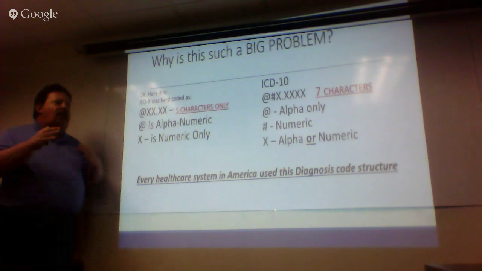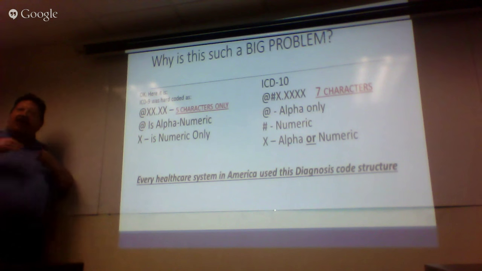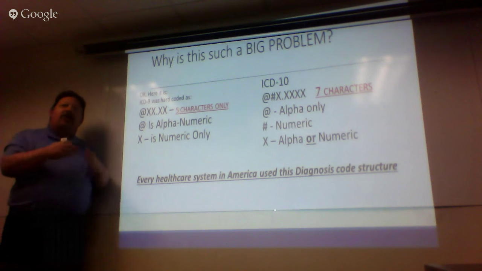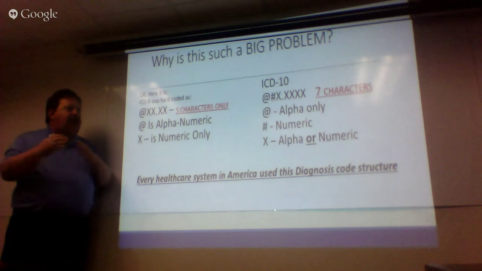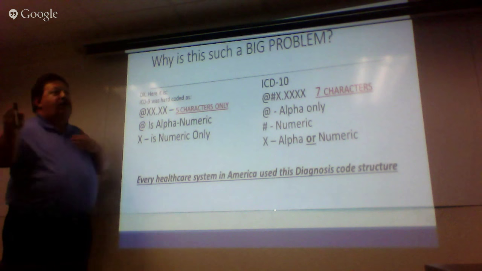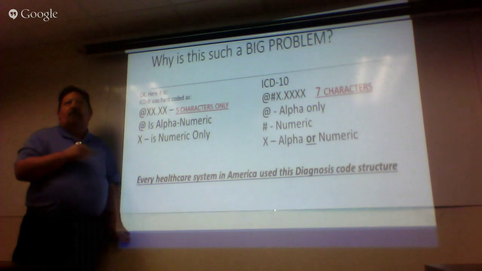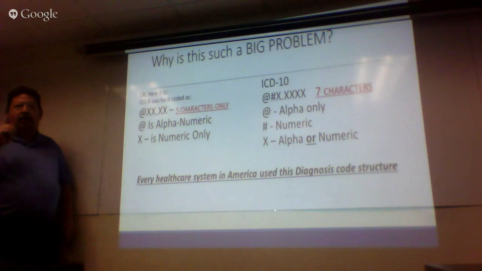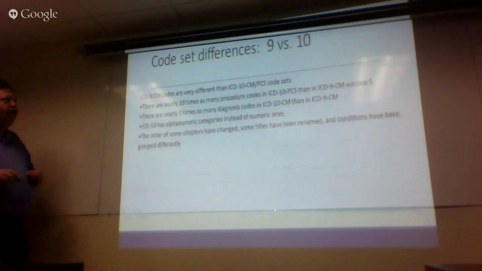Imagine the confusion in a doctor's office that treats both work comp and non-work comp. It's going to have to submit claims in both directions with 9 and 10 simultaneously. ICD-9 is going to workman's comp. ICD-10 is going to everybody else. Lots of extra work, confusion for providers, for facilities. This is the biggest problem.